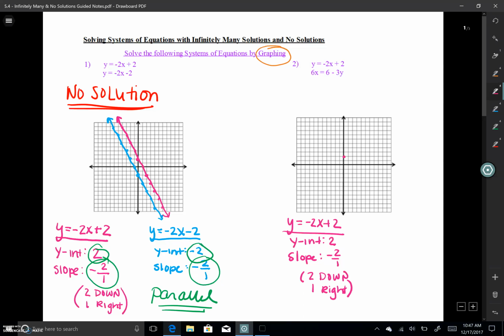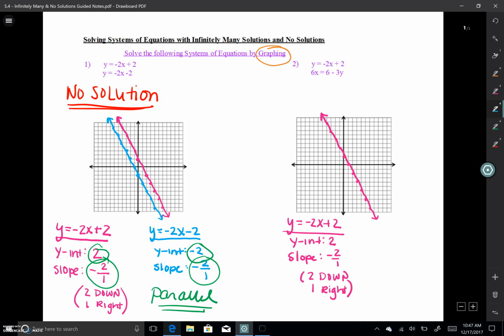I have my y-intercept at positive 2, and then I'm going 2 down, 1 to the right, all the way across my graph in both directions until I reach the edges of the graph. Once I have all my points plotted, I connect all those points. And that pink line there is the graph for the first equation.